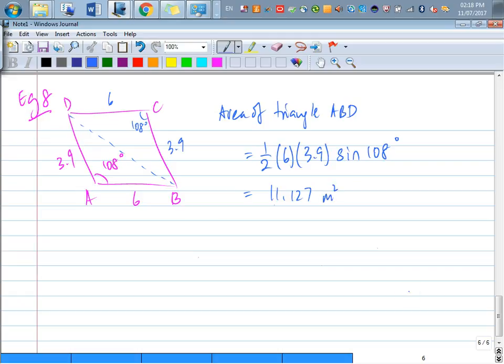Okay, so that is the area of one triangle. The area for the whole parallelogram ABCD will therefore be 2 times the area of triangle ABD, which is 11.127, and you will get 22.254.